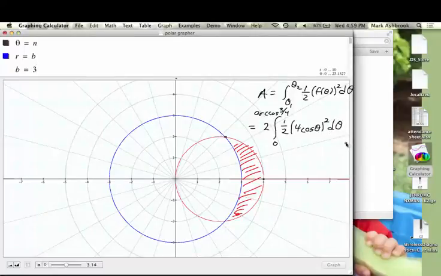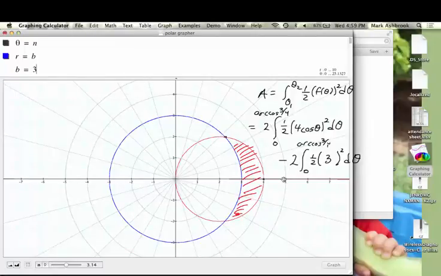We'll do 0 to arccosine of 3/4 of that, which will be this whole wedge here. And then we want to subtract 2 times one half integral of, now what's our r function? 3 squared d theta.